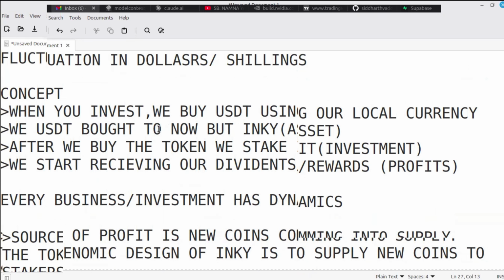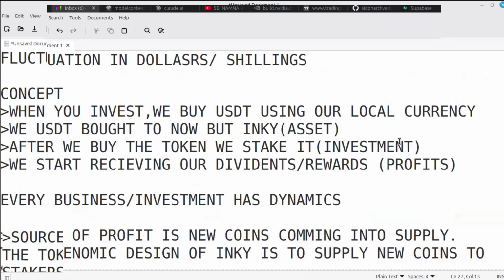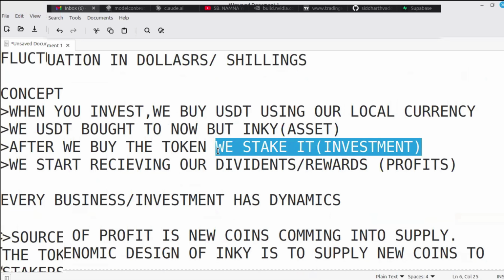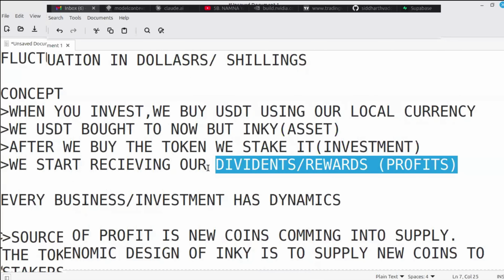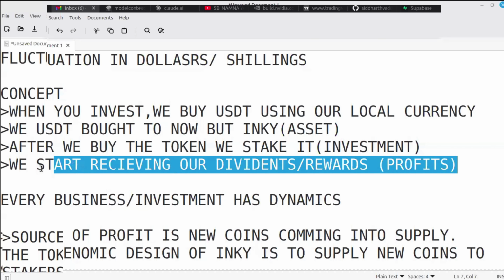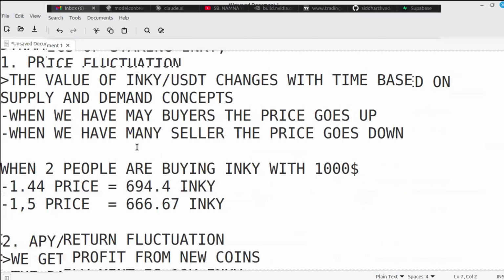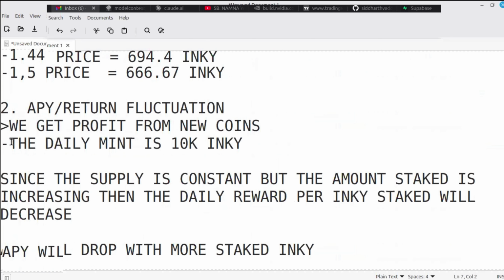Once you have USDT, you can use it to buy ink. Now, this ink that you buy, you stake it, you lock it for a while. And when you lock it, you get a reward at the end. You receive a dividend. And this dividend comes from new coins that are coming into supply.